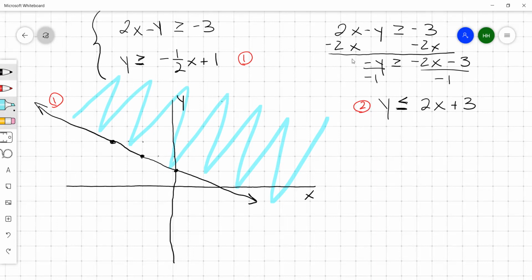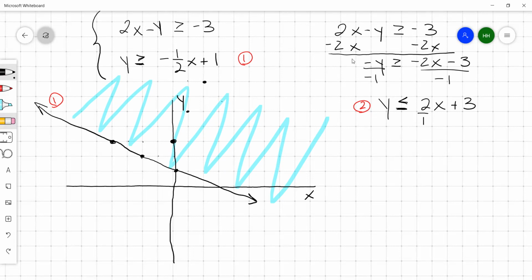Then we're going to graph line number 2. Line number 2 hits the y-axis at +3. So we go 1, 2, 3, and we put a point on the y-axis. That line has a slope of +2, or +2/1. So we're going to rise 2 and run 1 to the right, and then rise 2 again and run 1 to the right.